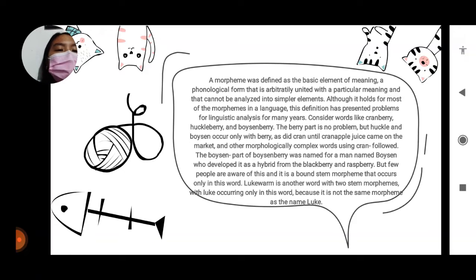But few people are aware of this, and it is a bound stem morpheme that occurs only in this word. Lukewarm is another word with two stem morphemes, with luke occurring only in this word because it is not the same morpheme as the name Luke.